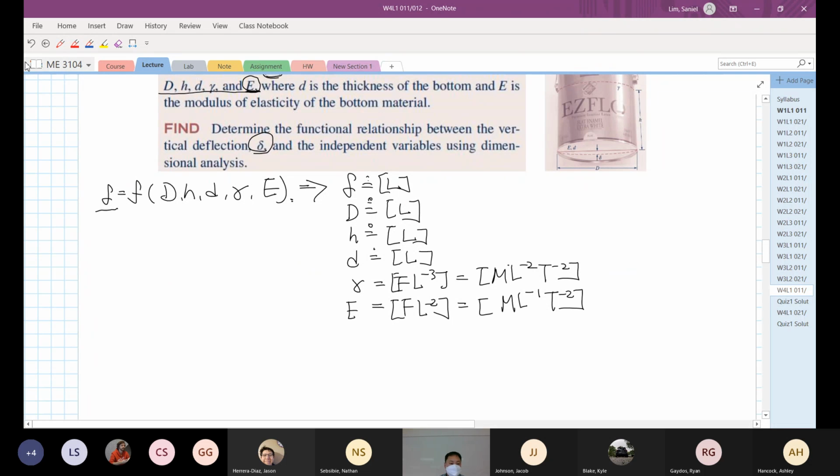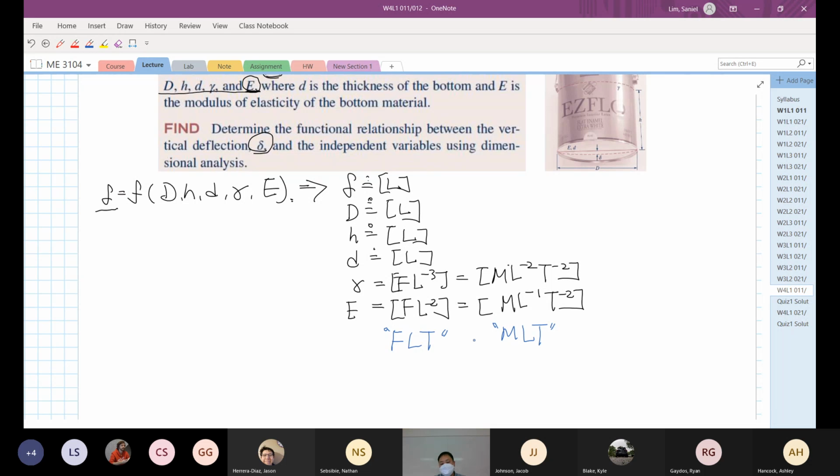We have basic dimensions that says this is M, L, no, not that one. This one is FLT system. This is MLT system. So we use both 3 basic dimensions. What about the reference dimensions?